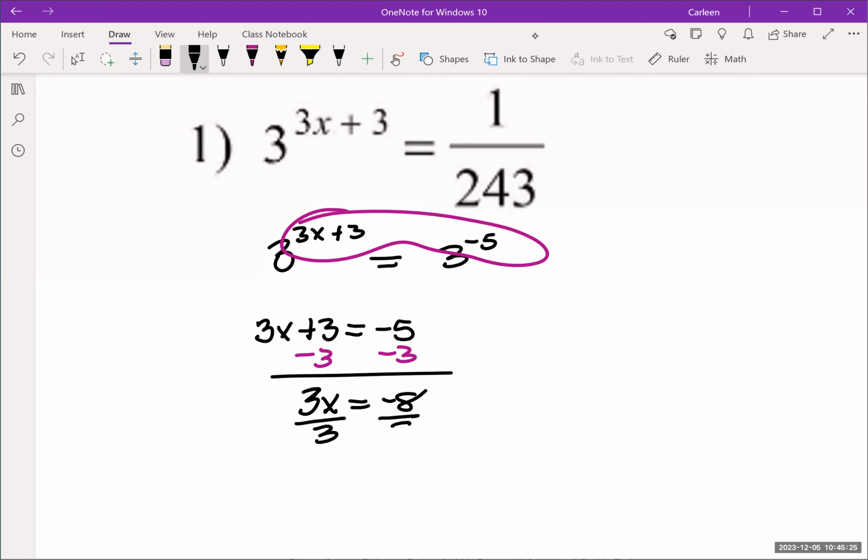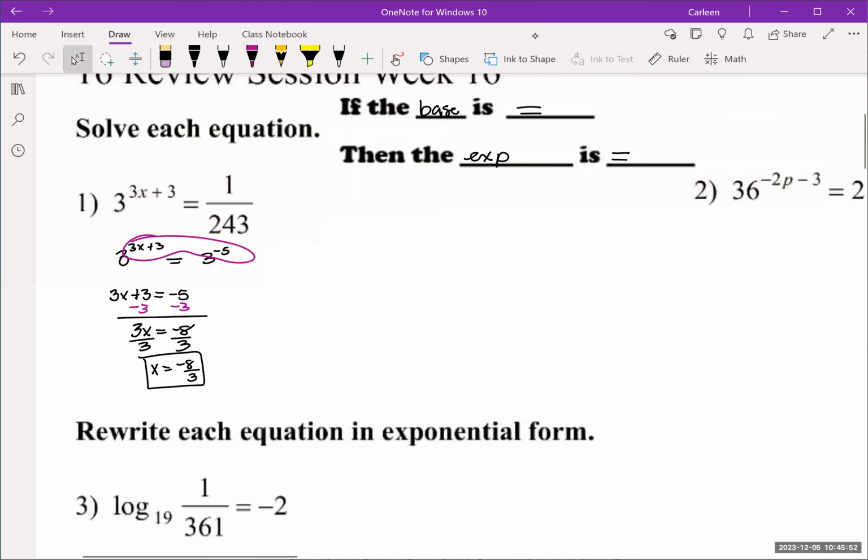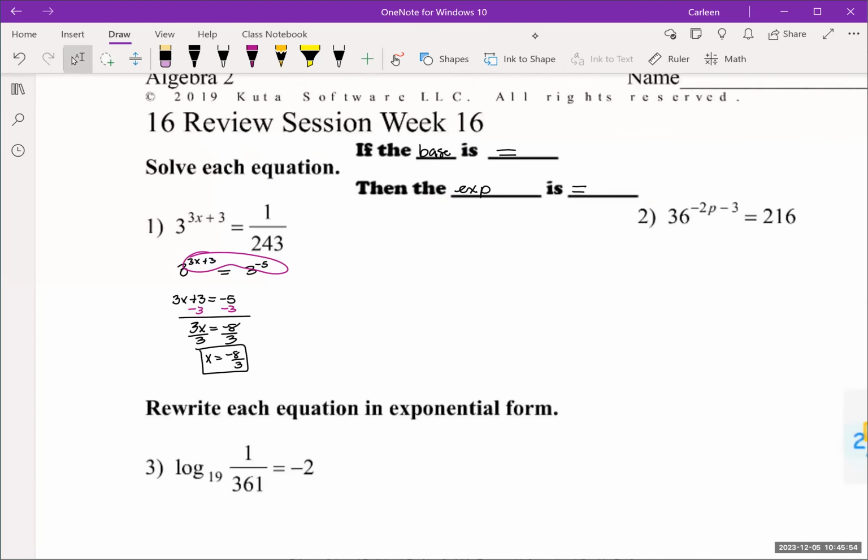Divide by 3. x is equal to -8/3, and we're just going to leave it as a reduced improper fraction. That has been reduced. Okay, so that's how you do those.